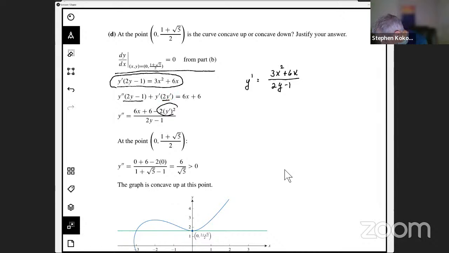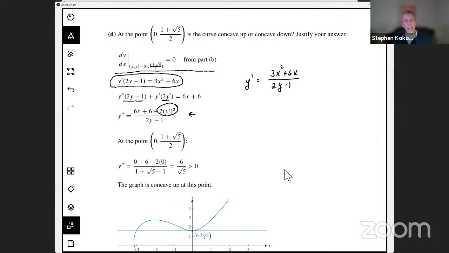I brought that to the right-hand side and divided by 2y minus 1, so there's an expression for y double prime. Now I've got to plug in x equals 0 and y equals (1 plus the square root of 5) over 2. And it's actually not that bad.